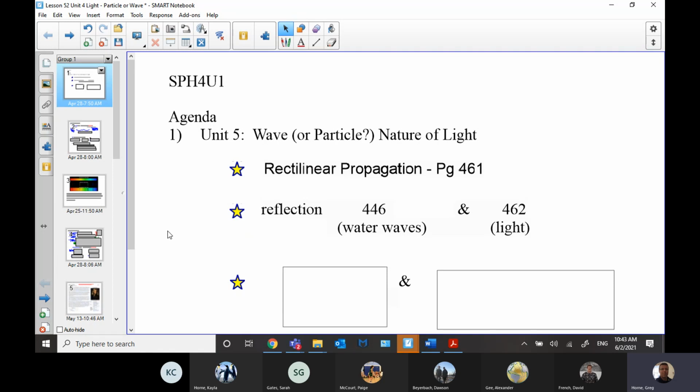So for the first several days, I want to say 3 or 4 days, we're going to be taking stock of all of the things we know about waves and particles and light. We're basically trying to figure out, is light a wave or is it a particle?